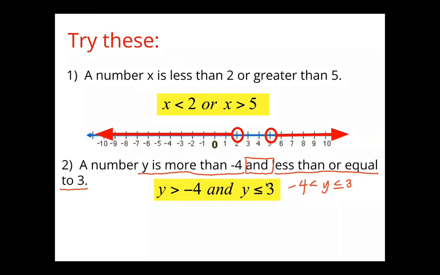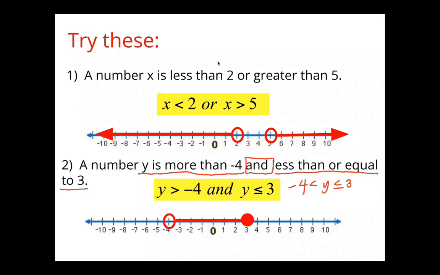Now we can go ahead and graph this. Since this is an inequality with the word and, we know we're going to connect the 2 points. So for y is greater than -4, that will be an open point at -4. And then y is less than or equal to 3, that will be a closed point at 3.